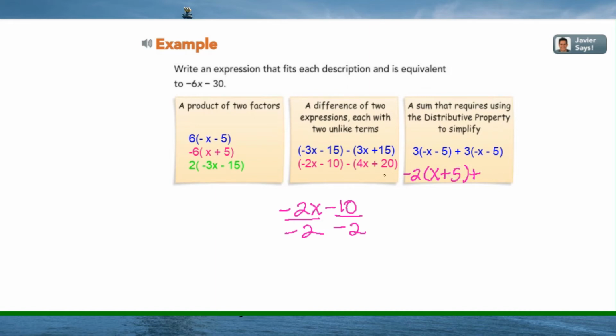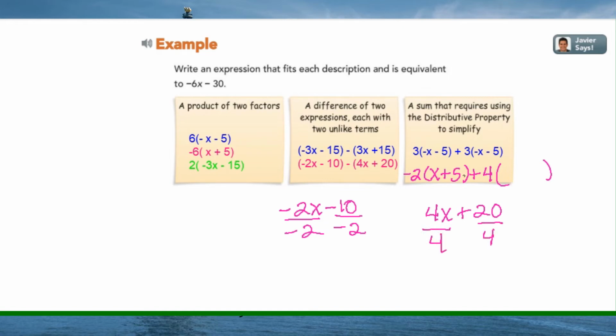Now I'm going to do the same thing over here. So I can factor out a positive 2, a negative 2, positive 4, negative 4. But let me go ahead and factor out a positive 4. So remember, to figure out what goes inside of the parentheses, you have to divide each term by whatever you factored out.